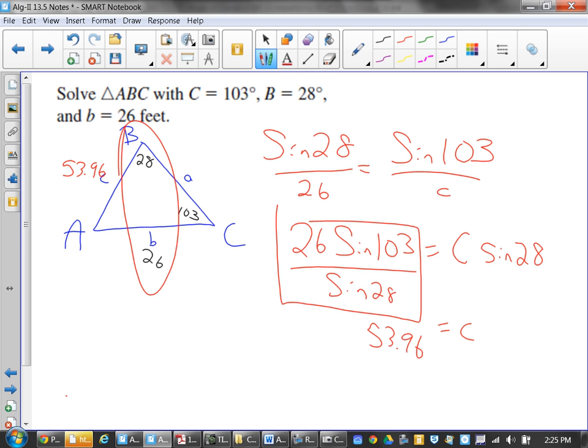How do you figure out angle A? Just subtract the other two angles from 180. What do you get? 49.